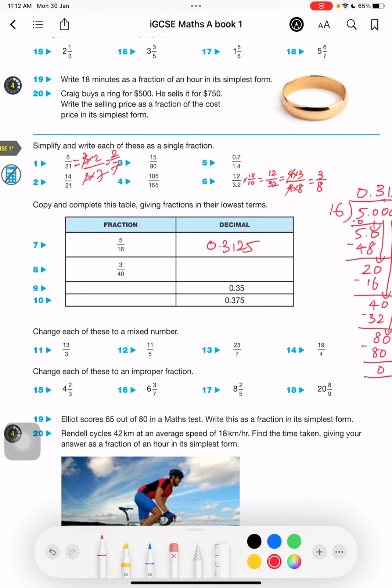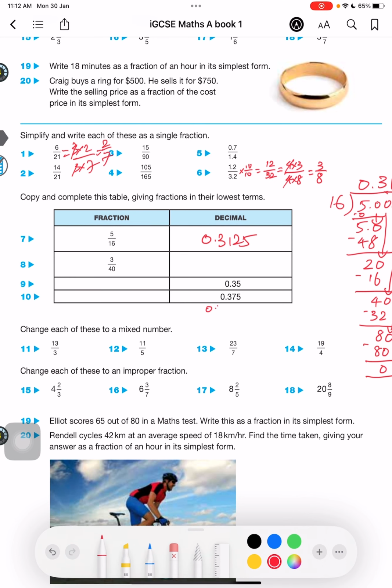Alright, so let's move on to question number 10. 0.375 can be written as 375 over 1000. Remember from the previous video, I mentioned 375 being the number. Anything after the decimal point, you take it as a whole divided by the numbers. So in this case, following the arrows 1, 2, and 3, there are three numbers behind, so you divide it by 1000.